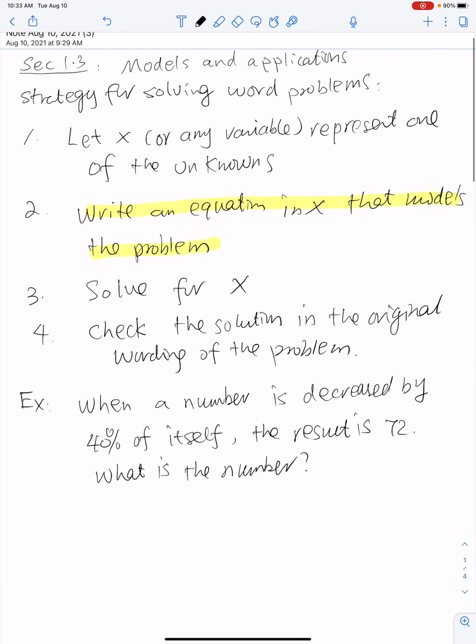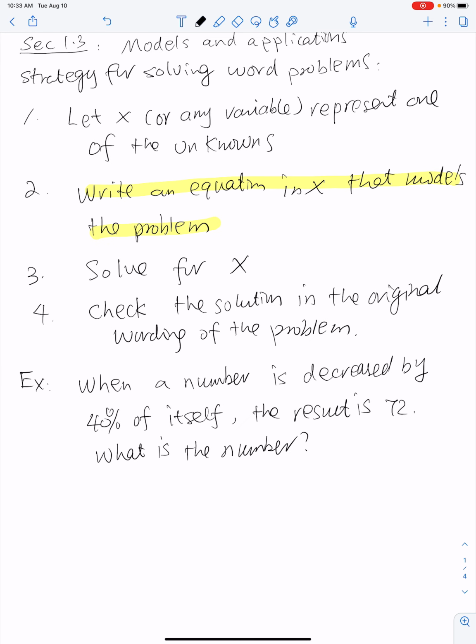The first example: when a number is decreased by 40% of itself, the result is 72. What is the number? What is your first step? Let the number be x. Then we want to write an equation in x.